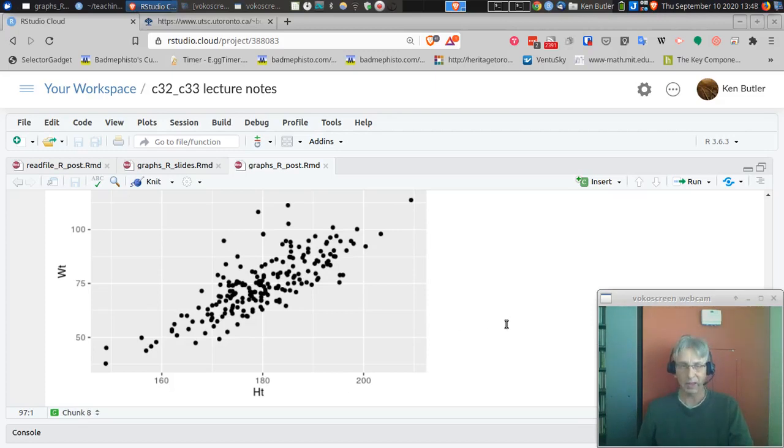Now, the clue is the data come from Australia, and Australia has everything in metric, even more than we do here. So the heights are in centimetres, and the weights are in kilograms. And I was watching some rugby from New Zealand one time, and they were telling me this player was 95 kilograms, and I had to stop and think, how heavy is this? I need pounds. So 100 kilograms is 220 pounds, if you want a clue.